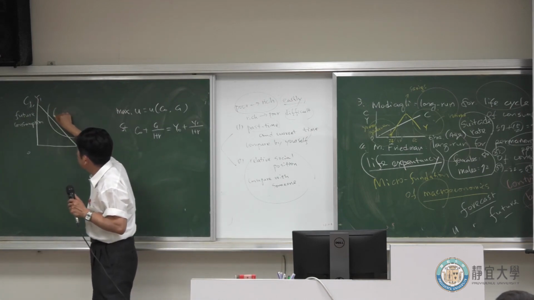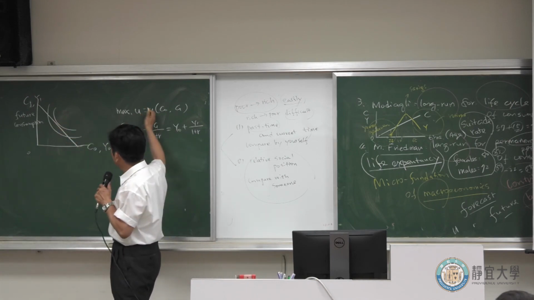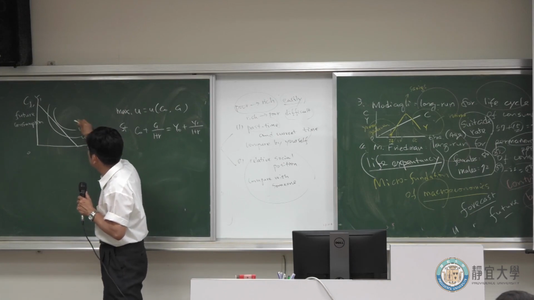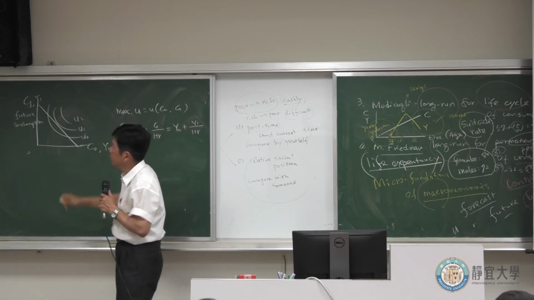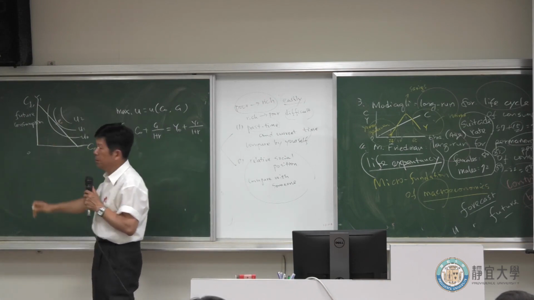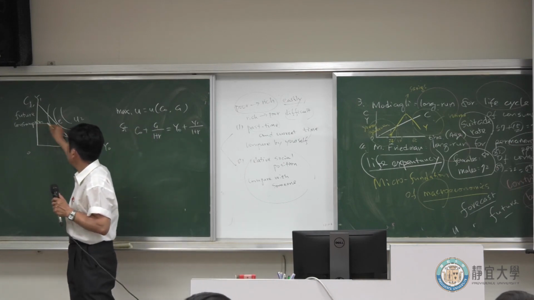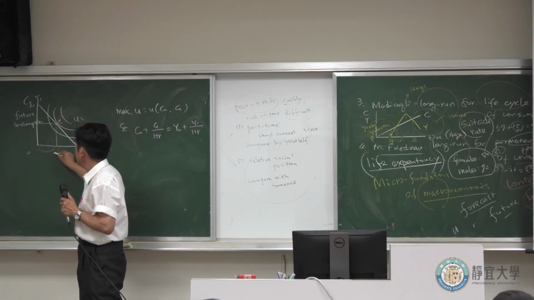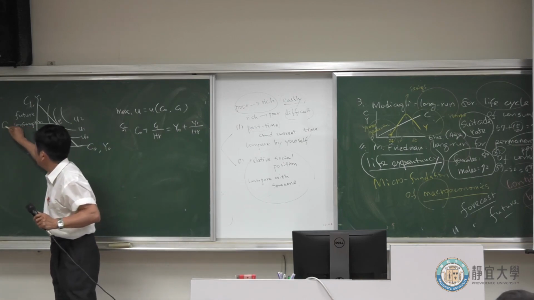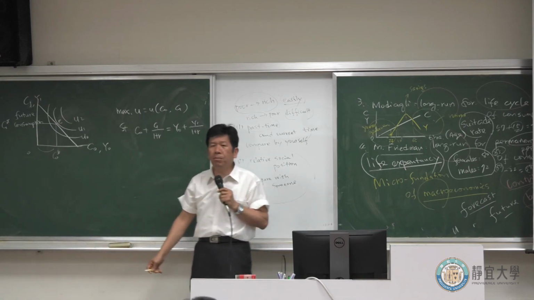Here is the indifference curve. We call the maximum utility. So this is U0, U1, or maybe U2. Okay. So here we want to try to have the equilibrium point E. Okay. This point E means we can make the choice between the current consumption and the future consumption. So this is the equilibrium point.